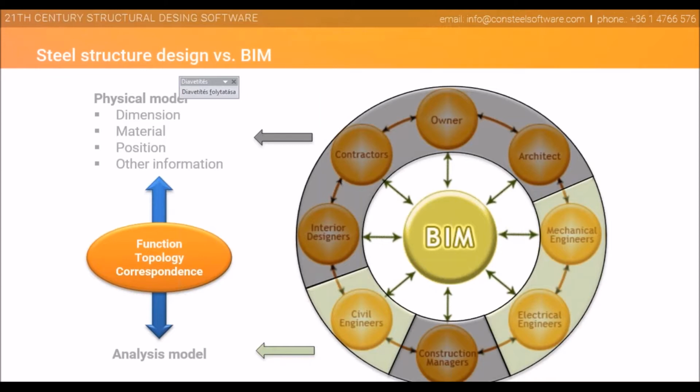For structural design, especially for steel design, we need a consistent mechanical model. The differences between the physical BIM and the analysis model can be ordered into the following categories: function, the different role of BIM elements in the calculation model; topology, the different positions and connections of the elements; and correspondence of the elements in the BIM model and the analysis model.